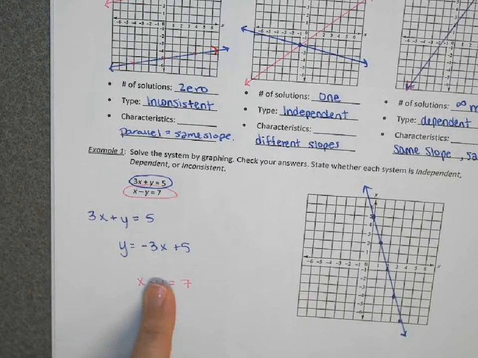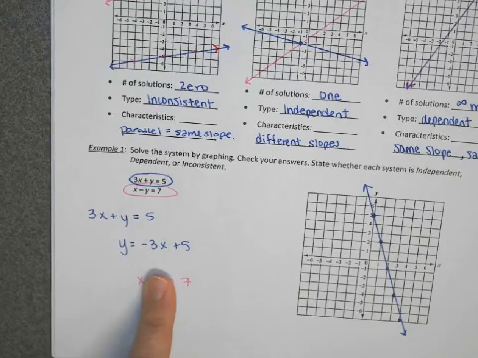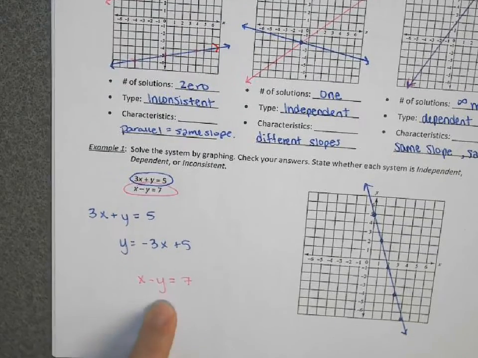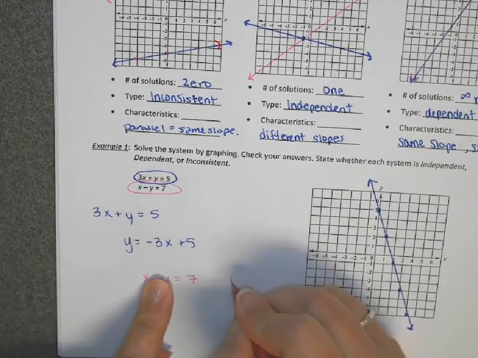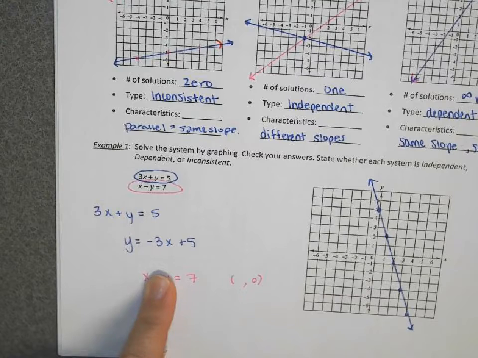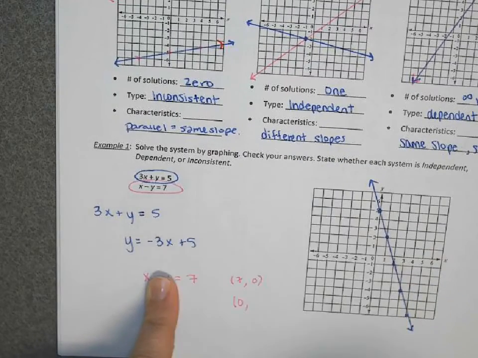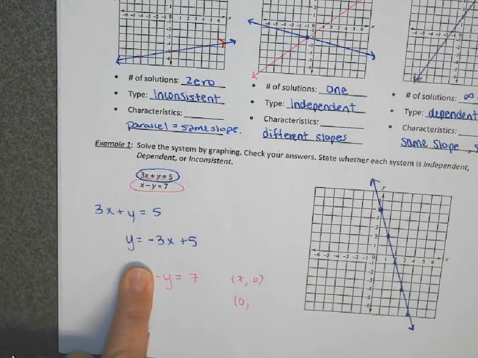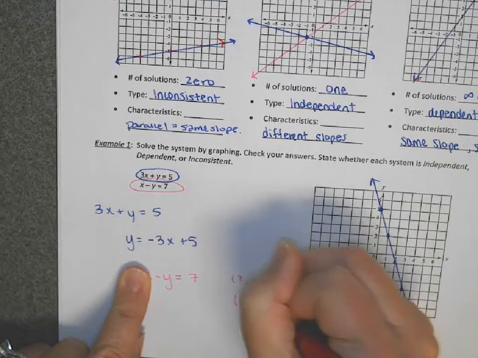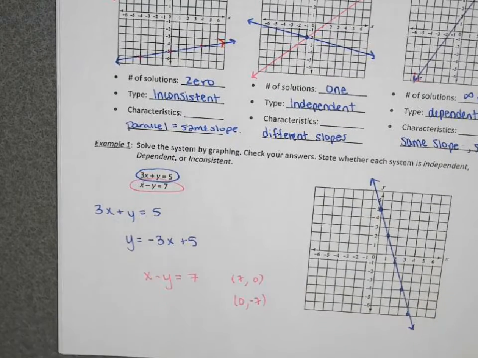If I plug in 0 for y, what can I plug in for x to get 7? x equals 7. If I plug in 0 for x, negative y is equal to 7, so I divide by negative 1 on both sides. What's y have to be? Negative 7.